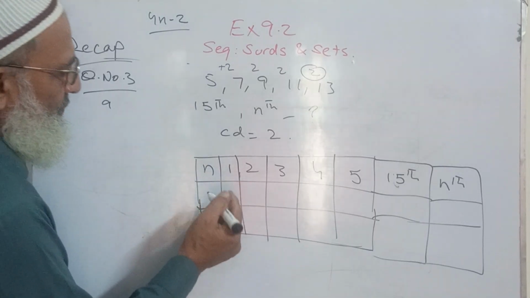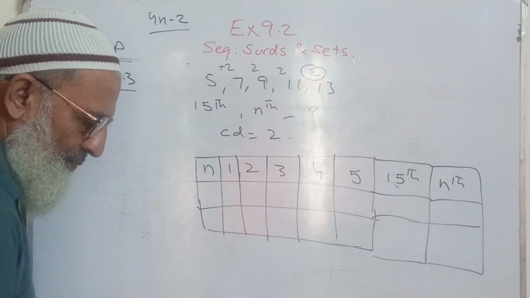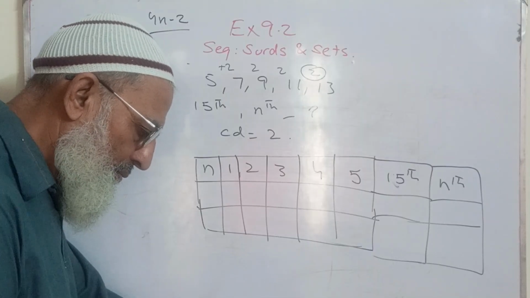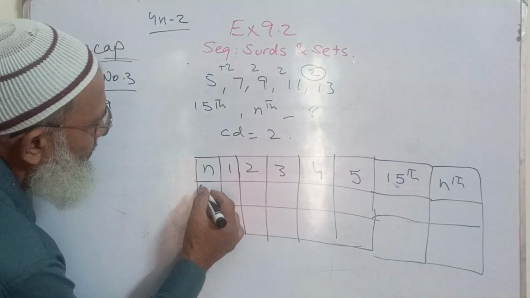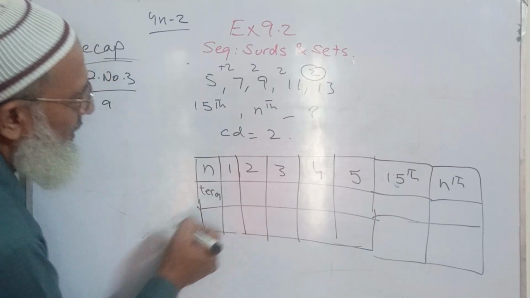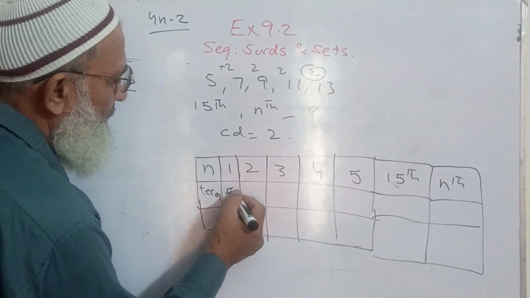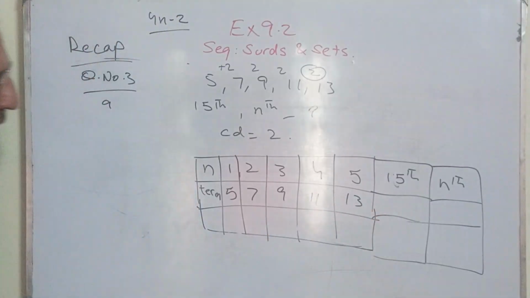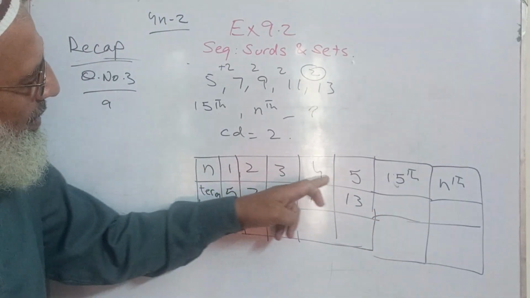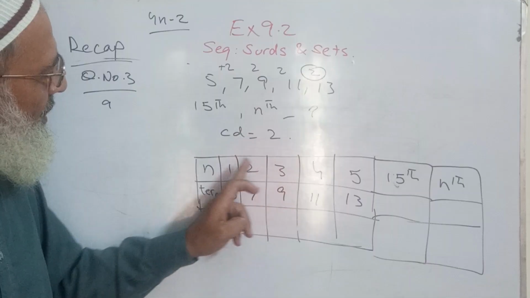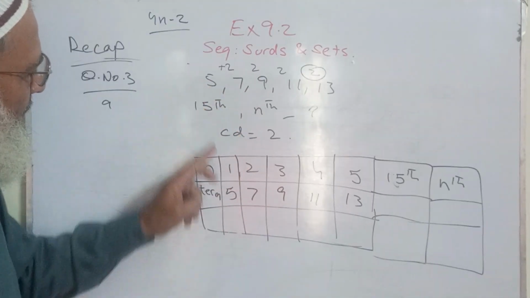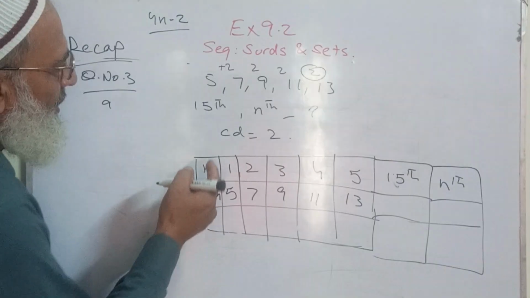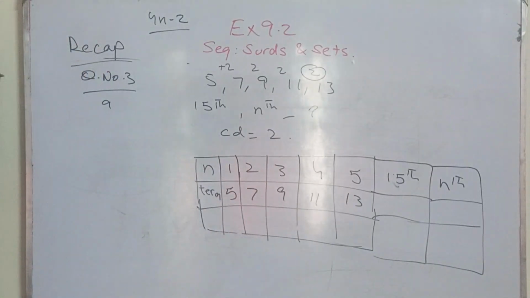Now n is 1. So the term to term rule is 5, 7, 9, 11. Now these are given to us. So n for 1 is equal to this, for this, for this, and this. You see our difference was 2.